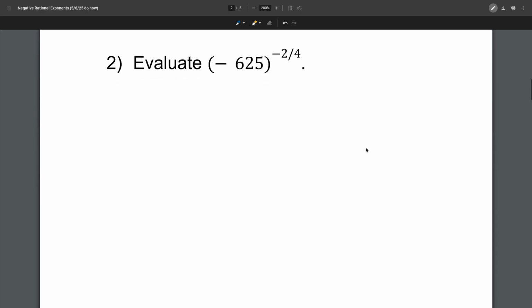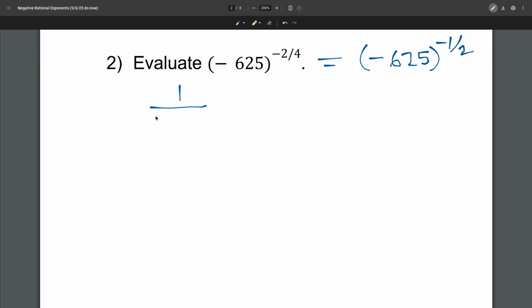All right, so in problem 2, we're going to evaluate negative 625 to the negative 2/4 power. And you might see there's going to be a problem with this, but we'll see. One thing I could do is simplify this. I could make this negative 625 to the negative 1/2 power. So I can start by simplifying it right off the bat.